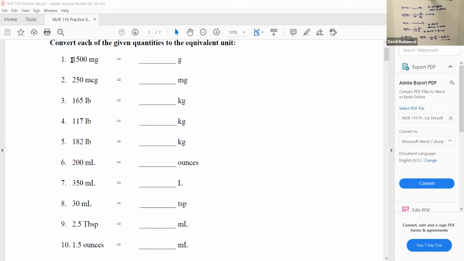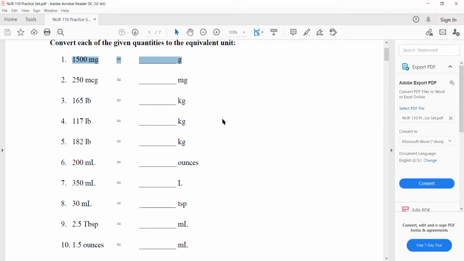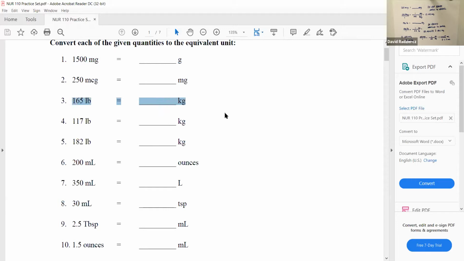So just as a review, before we do anything, am I going to round my answer to number 1? No. Good. If you said or thought yes, the answer is no. What about pounds to kilograms? Should I round to the nearest 10th?